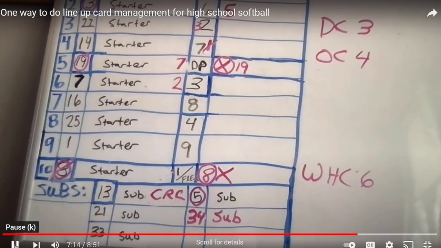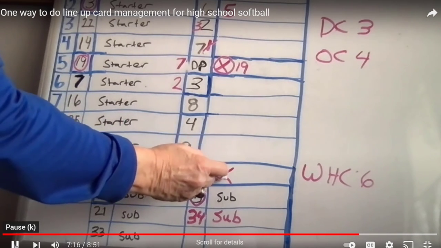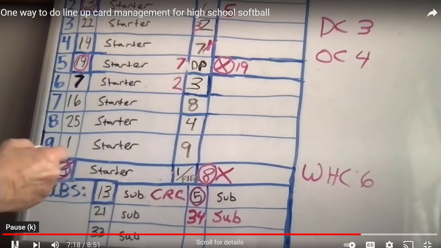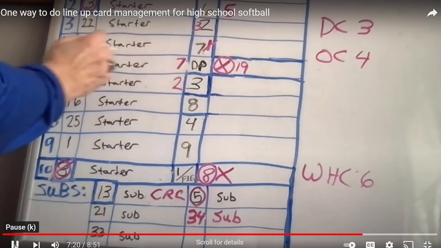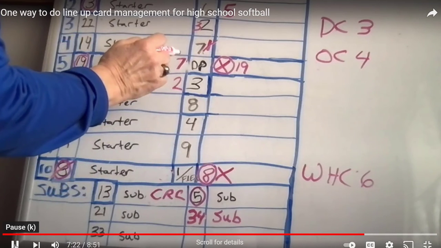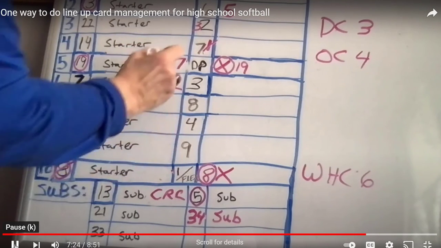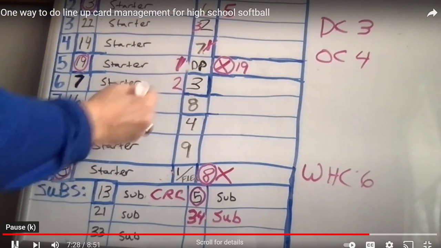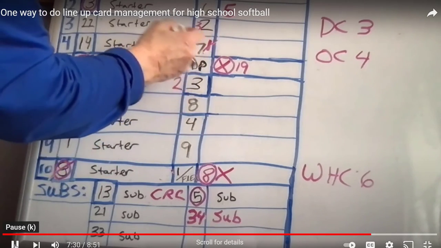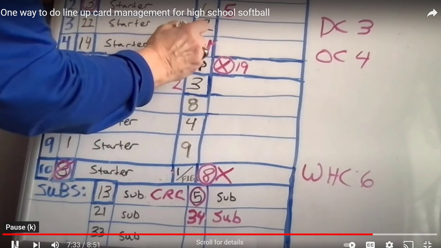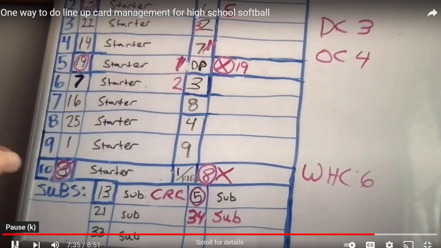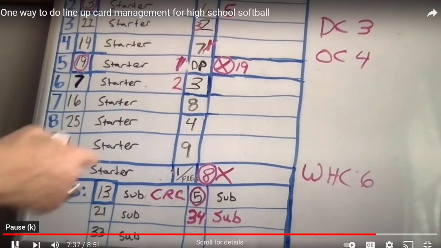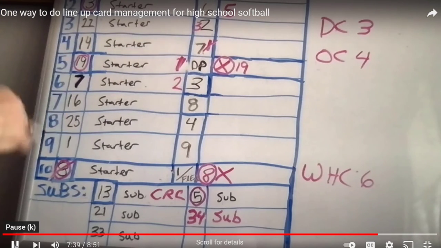We have shrunk to 9 because we have an uncircled X, and our DP is now the new pitcher. And you can write down, 14 can go back to play left field. So we've got a pitcher and a catcher. Those are the only positions that we really need to write down.